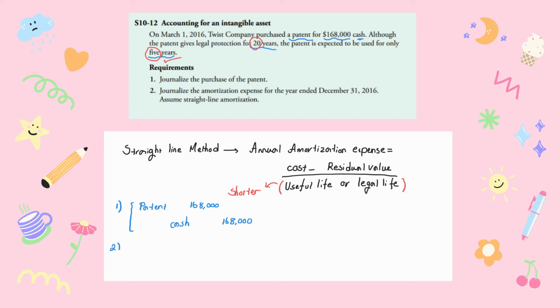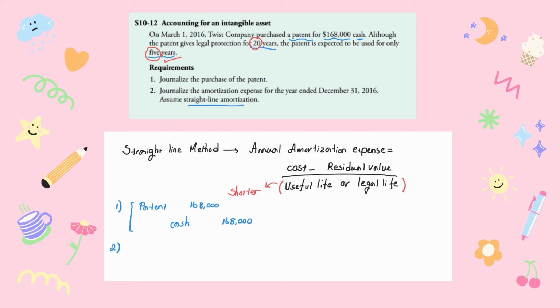Now the second requirement, journalize the amortization expense for the year ended December 31st, 2016. Assume straight line method is used for amortization. So we said the formula is cost less residual value divided by useful life or legal life, whichever is shorter.